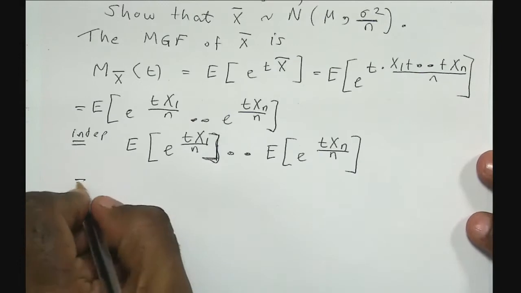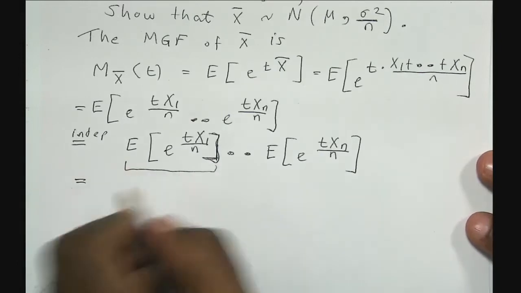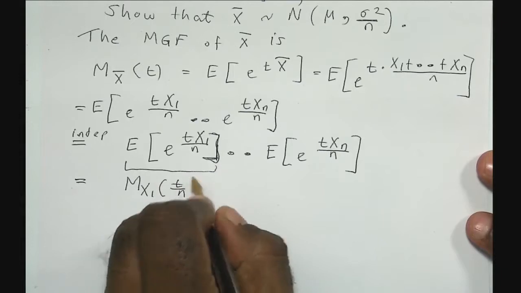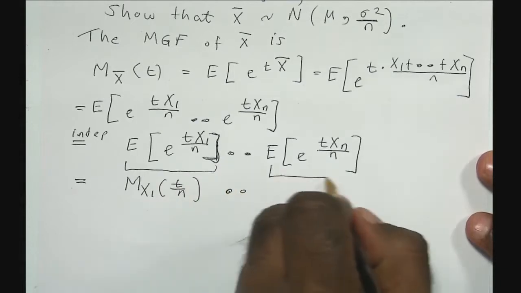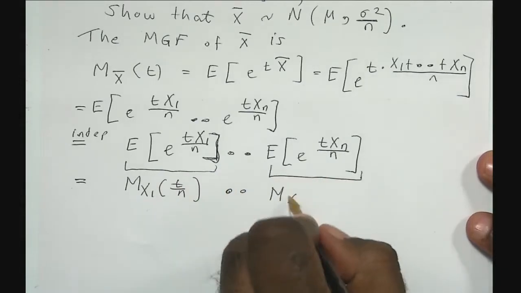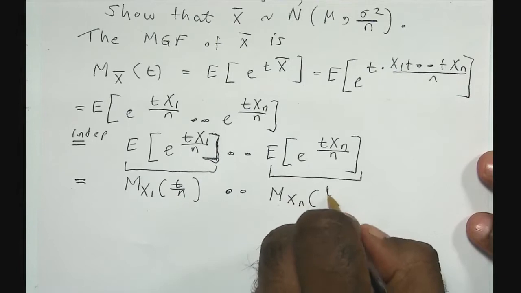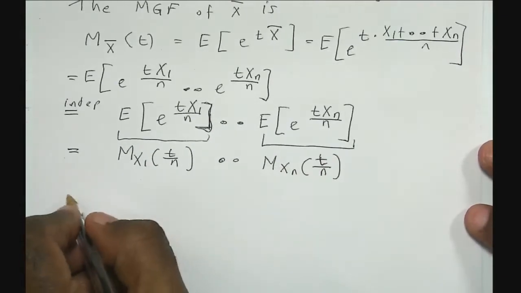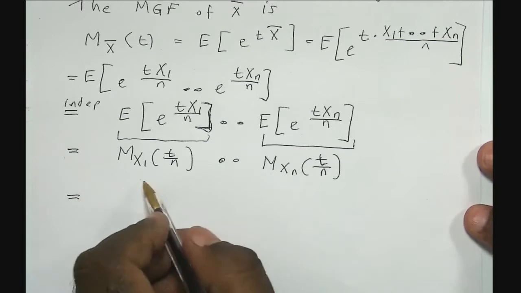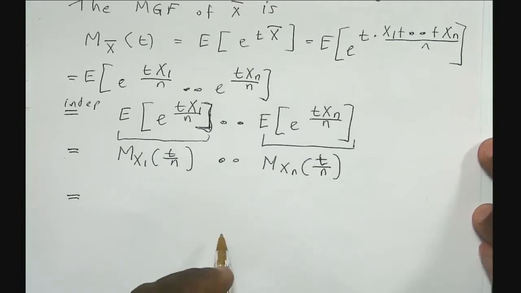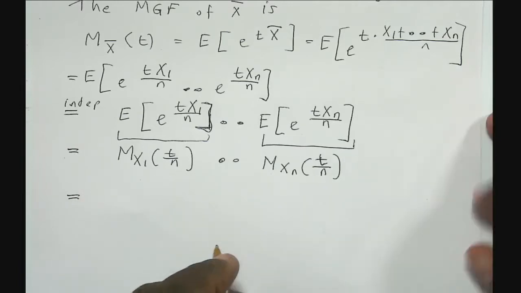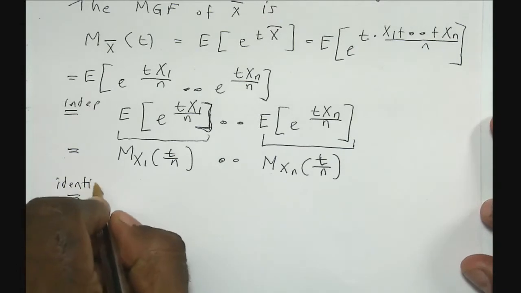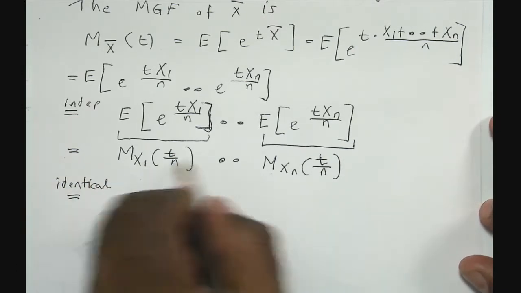Now, what you have here is simply the MGF of x1 at t by n, and what you have here is the MGF of xn at t by n, right? Now, because x1 to xn are IID, meaning identical and independent, using the identical assumption, each of these is the same thing.